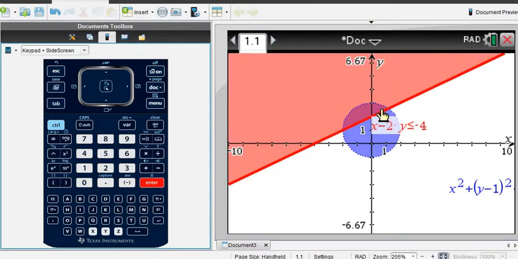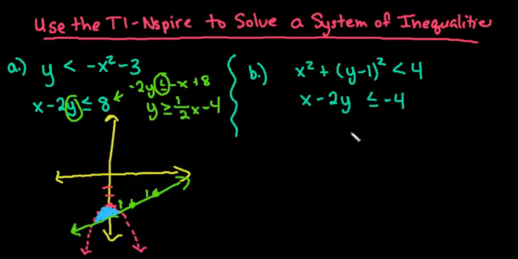And hit enter, and it graphs, and you can see that the intersection of the two is this little region of the circle right here. So again, you can see that on this one that it crosses here at -4, 0, and it also has an intercept at -2, so it might be easier to use the intercepts, or you could solve for y in order to graph this on paper if you needed to.